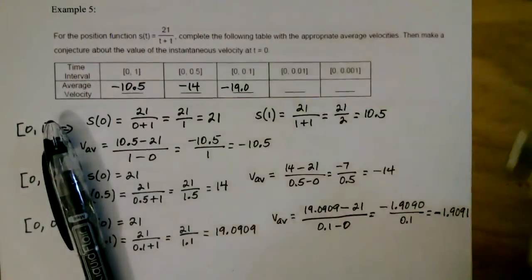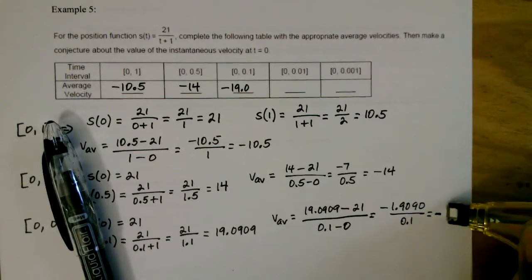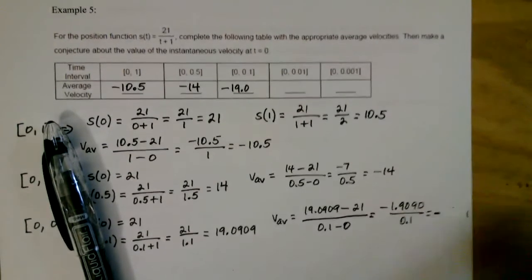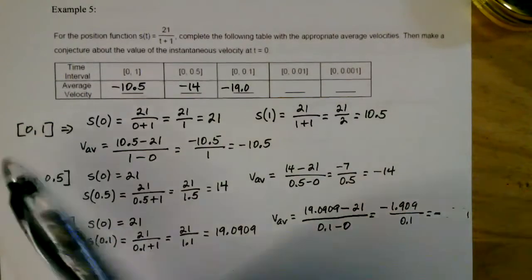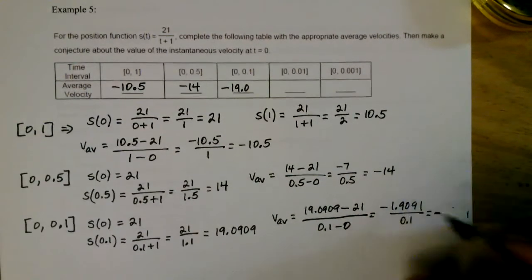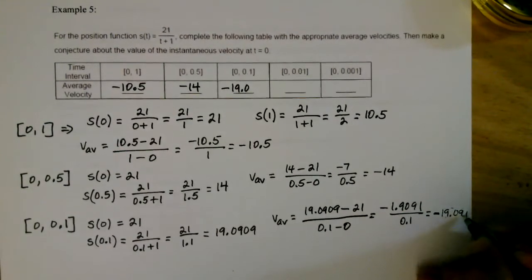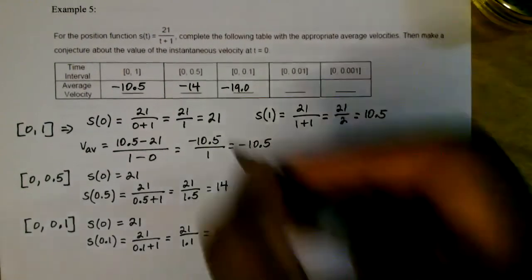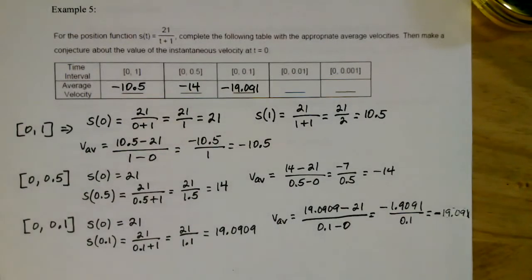Negative 19 points. Okay. And by the way, if I rounded this off, this will be rounded off to negative 1.9091. So this will be negative 19.091. Okay.